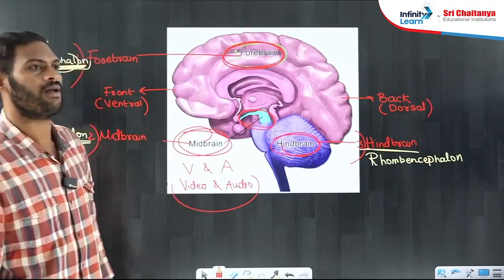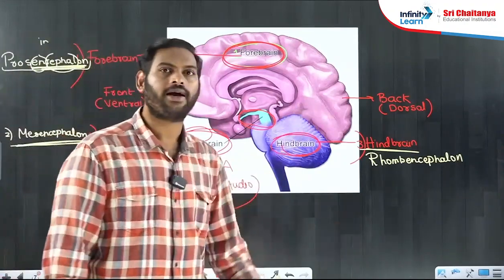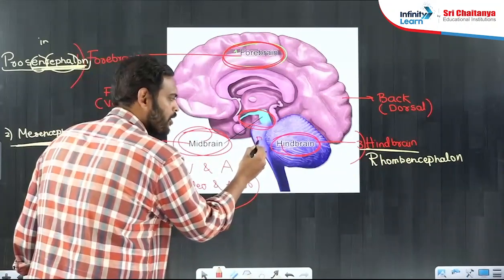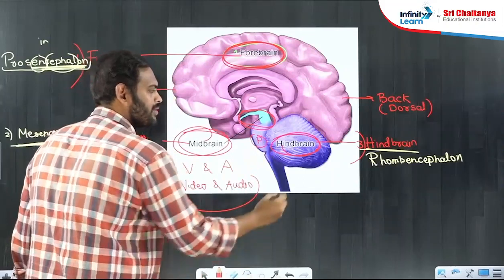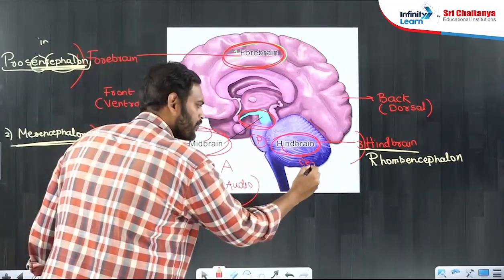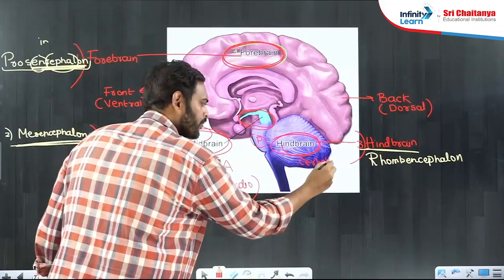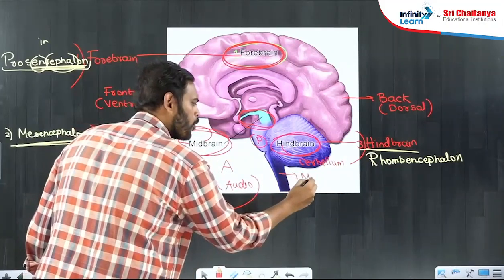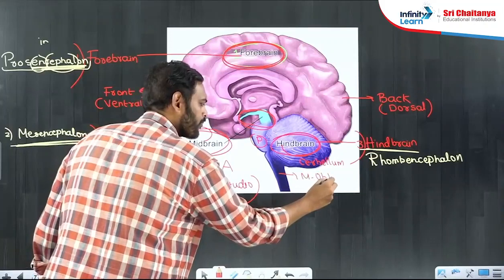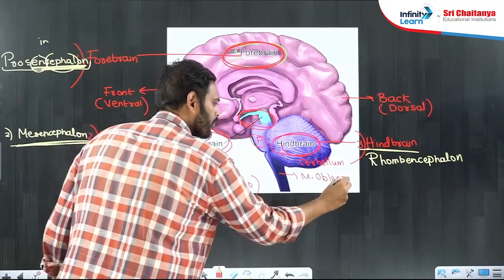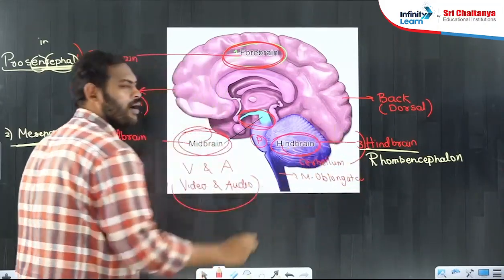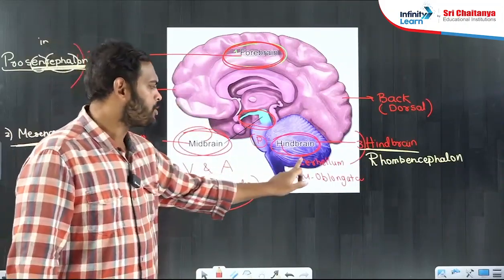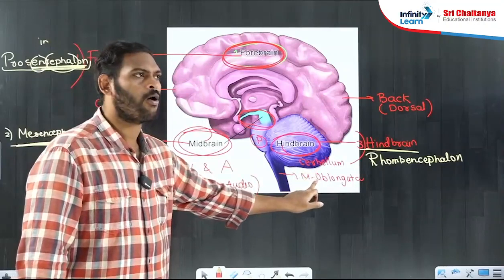Whereas the hindbrain has three parts. This is pons varolii, this is cerebellum, and this is medulla oblongata. The hindbrain has three components: pons, cerebellum, medulla oblongata.